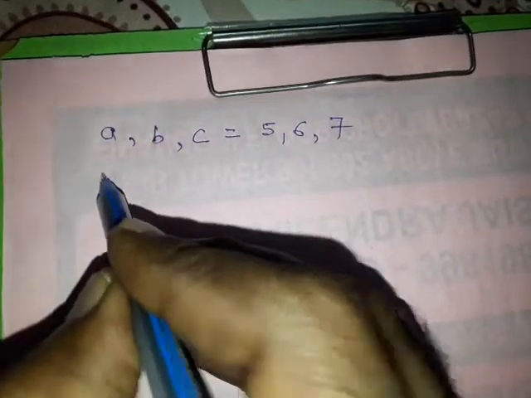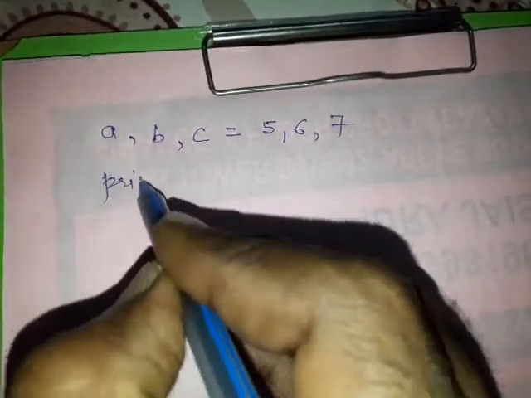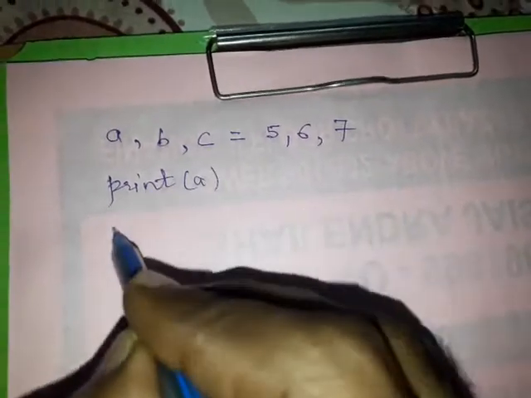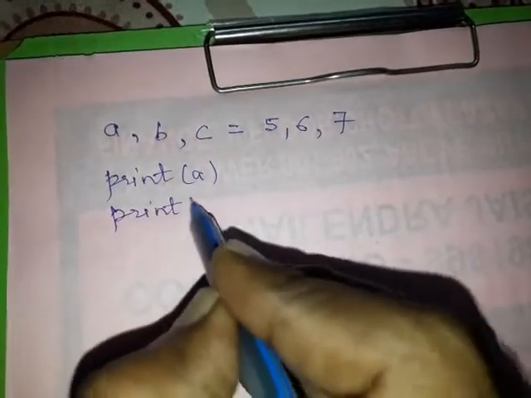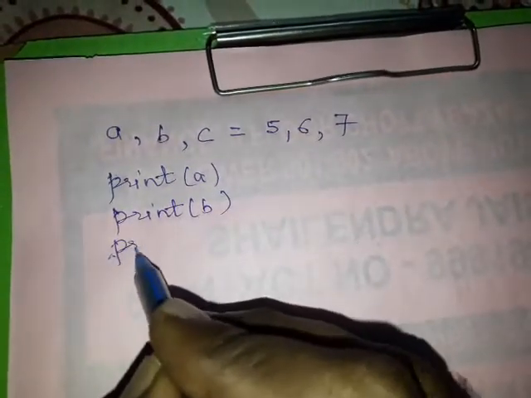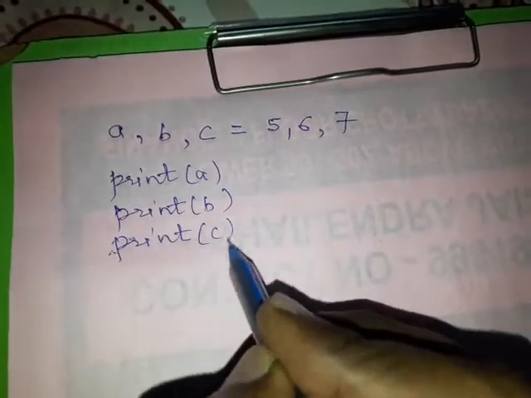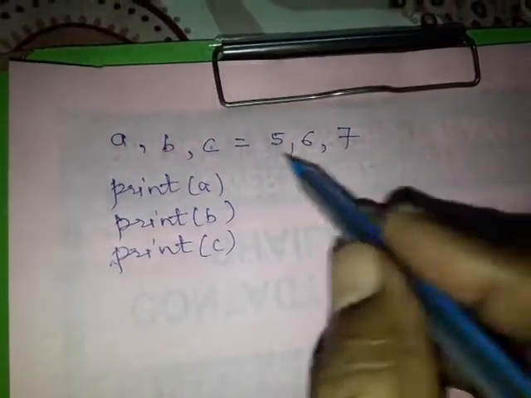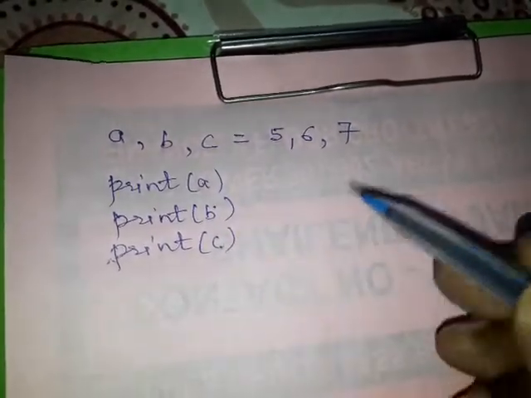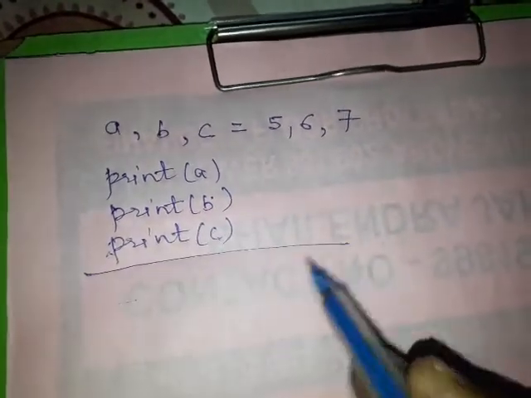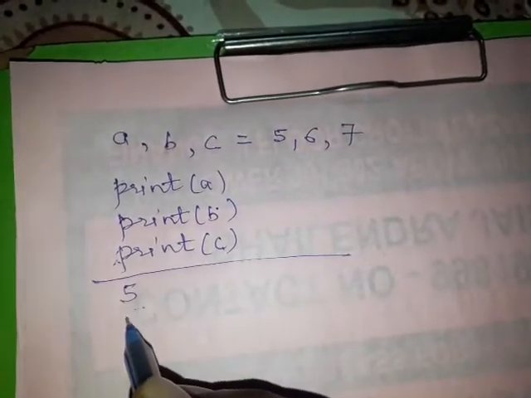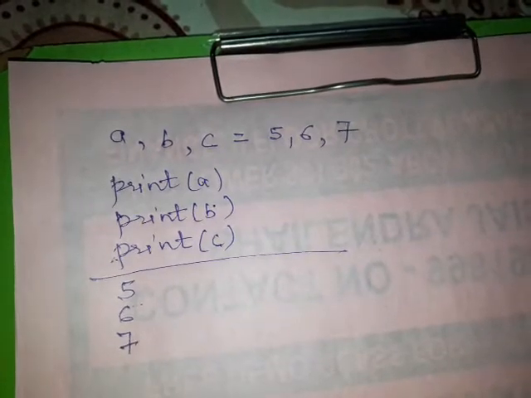Now if you write print A, print B, print C, write all these in script mode. First line, second line, third line, fourth line, and when you run this program, what will be the output? 5, 6, 7.